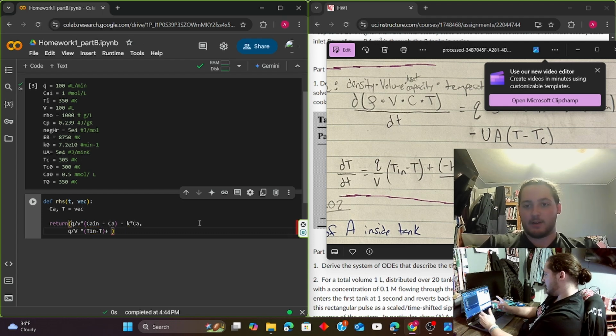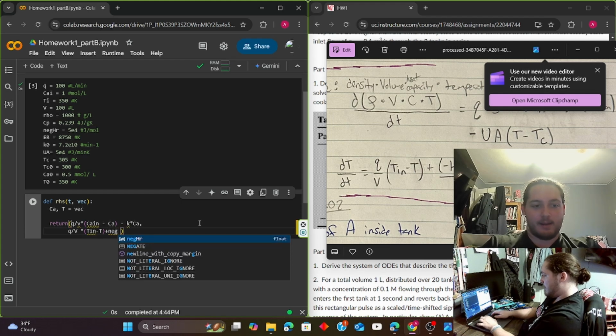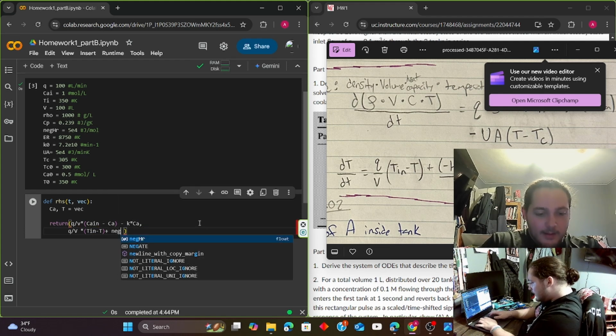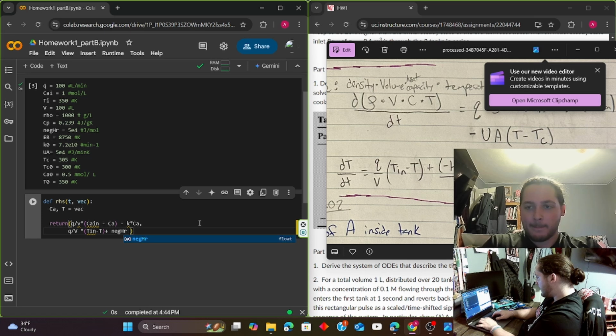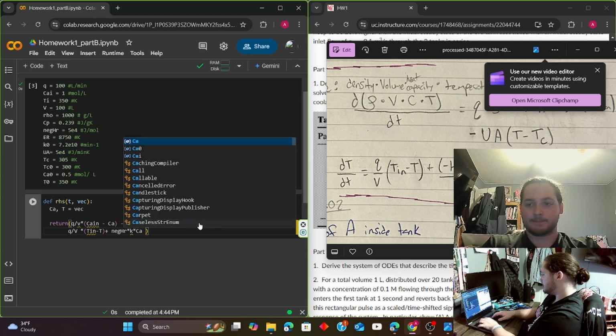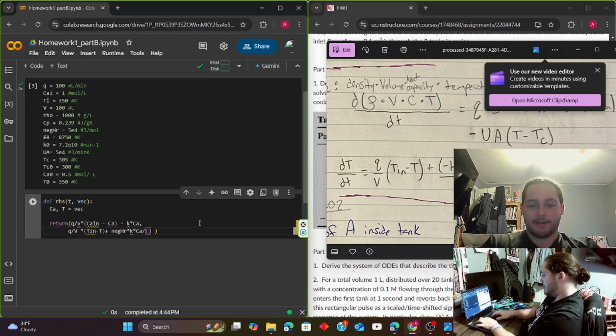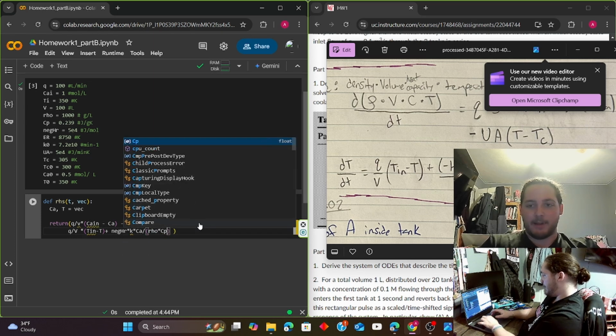So this value is already our negative heat of reaction, so we can just go negative HR times our K times CA. And that would be divided by rho times our heat capacity.